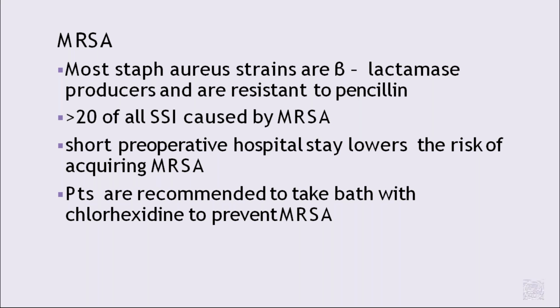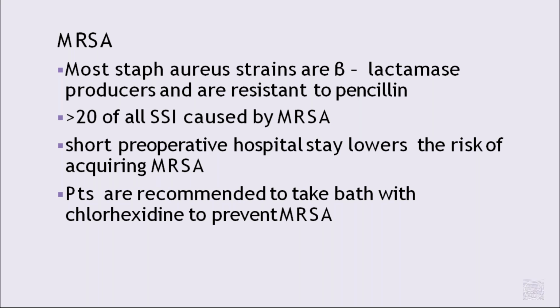What is MRSA? Methicillin resistant Staphylococcus aureus. Most Staph aureus strains are beta lactamase producers, so these are resistant to penicillin. More than 20% of all surgical site infections are caused by methicillin resistant Staph aureus. A short preoperative hospital stay lowers the risk of acquiring MRSA.